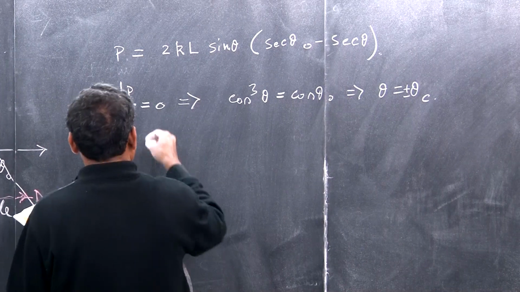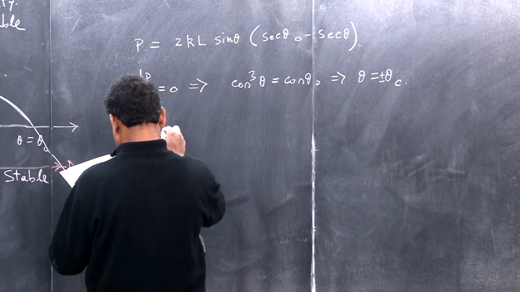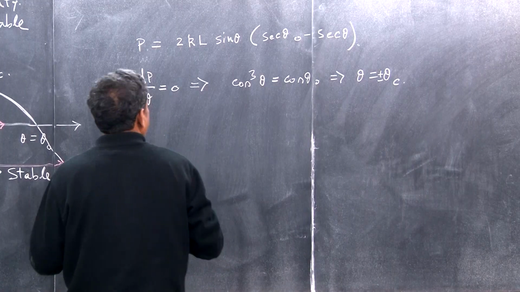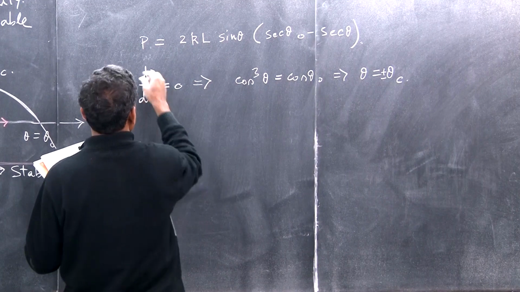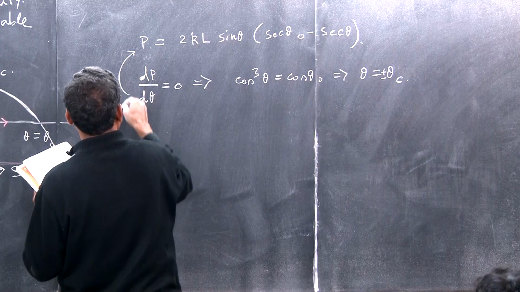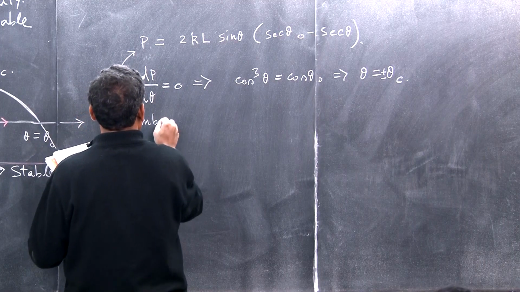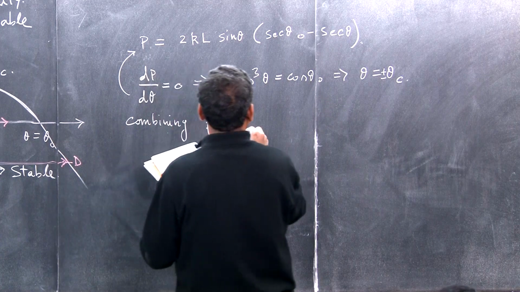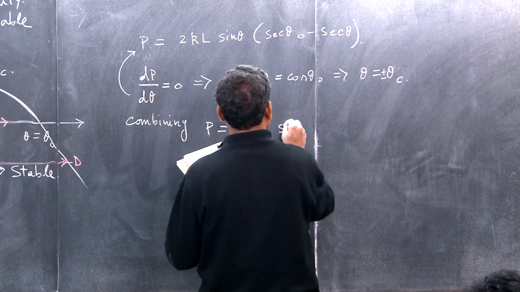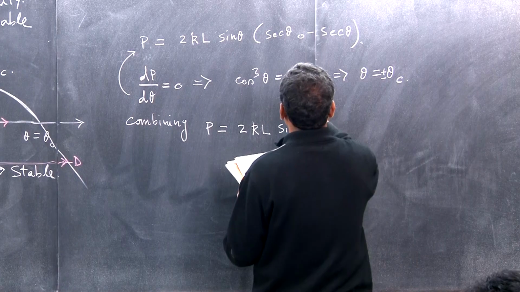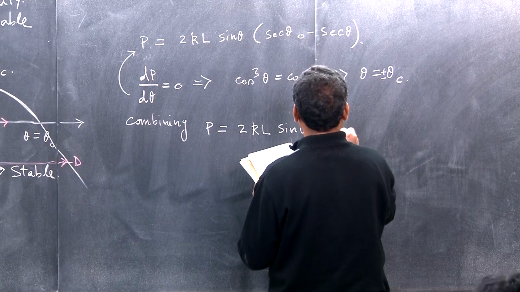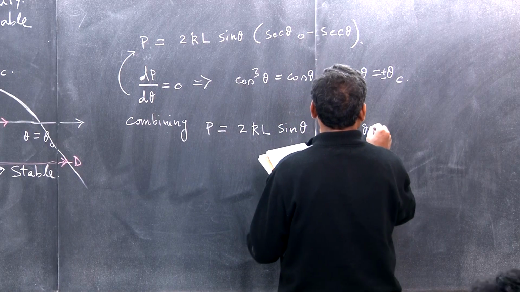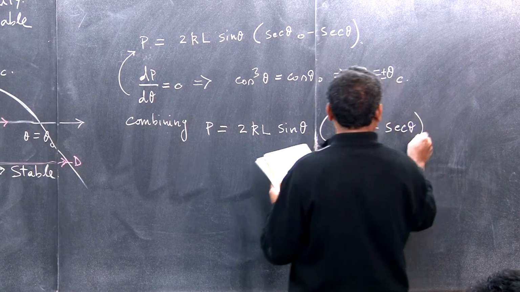Now P basically, if you substitute this and combine, then P is equal to 2KL sin theta cos theta times sec cube theta minus sec theta.